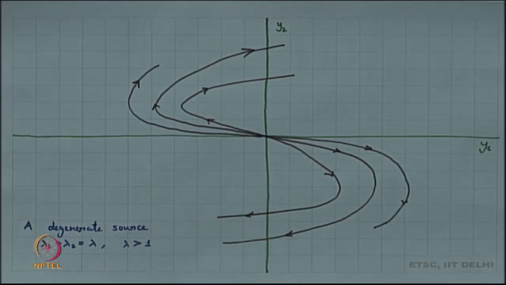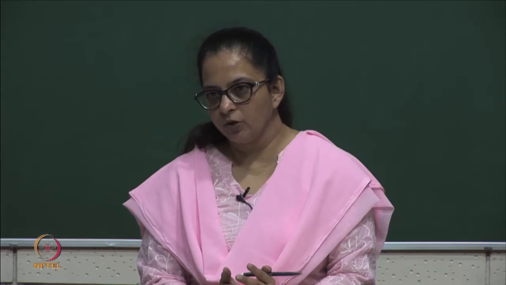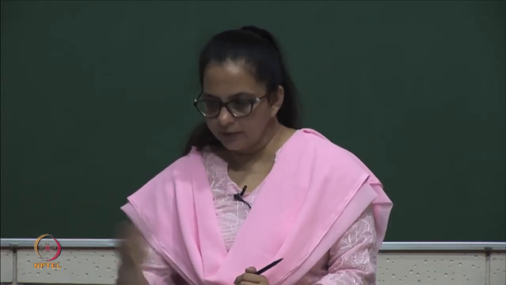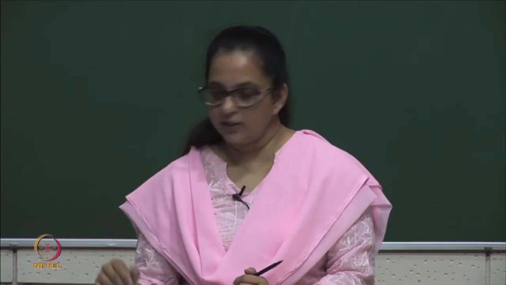So, this is what happens when your Jordan form is of the form lambda 1, 0 lambda. We are not looking into the case when mod lambda is equal to 1, not looking into 1 to be an eigenvalue here. So, basically you can think of that to be a hyperbolic case.